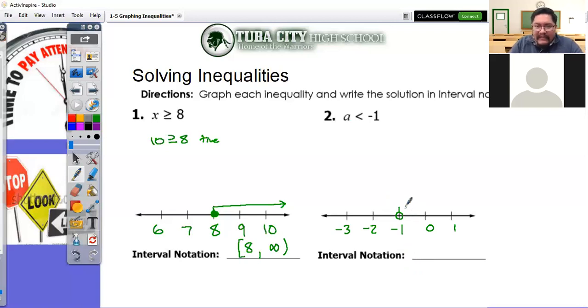Now, if I pick a number on this side, so let's pick 1. If I say 1 is less than -1, is that true? Think about it. Would you rather have $1, or would you rather owe somebody $1? And they're not going to be the kind of people that forget either.